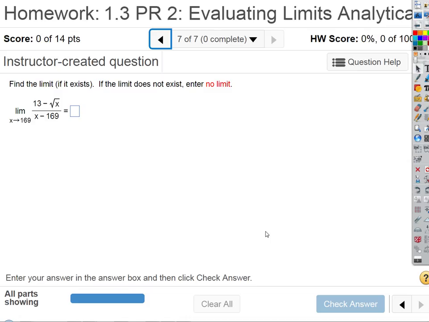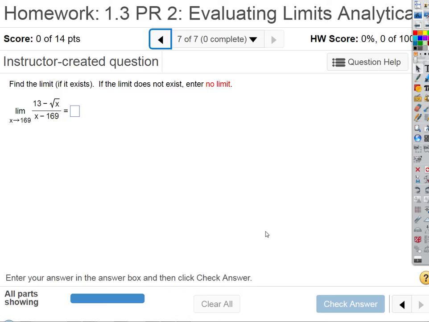The problem here being, I get 0 over 0, right? But the big problem being that I'm getting a 0 on the top that's part of an expression that involves a square root. What I would really like to have happen is none of the offending factors, as we call them, none of the factors that go to 0 involving a square root.